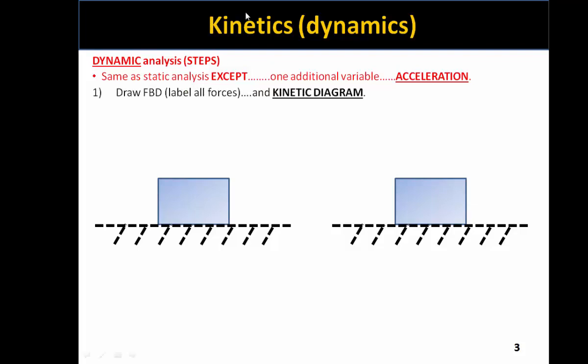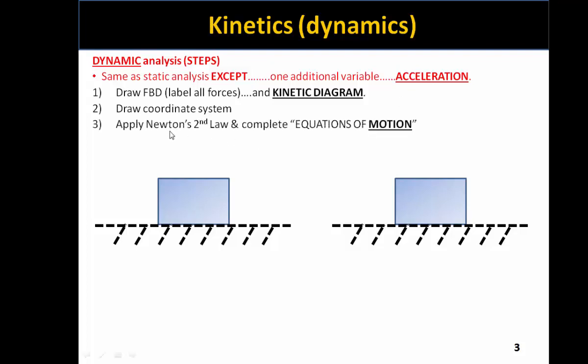So our approach here is we draw a free body diagram, we put labels on all of our forces, and we also have to draw a second diagram called a kinetic diagram that I'll detail here on this slide. Of course, we have to have our coordinate system, identical to what we had with our statics approach, and we apply Newton's second law as we did with statics.